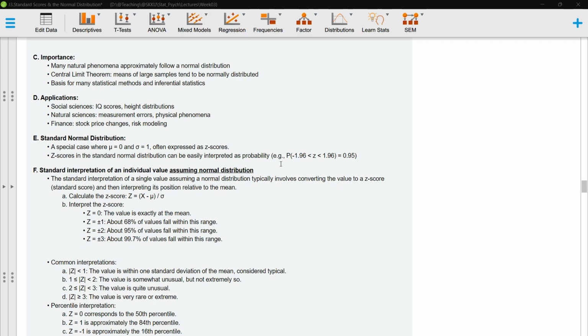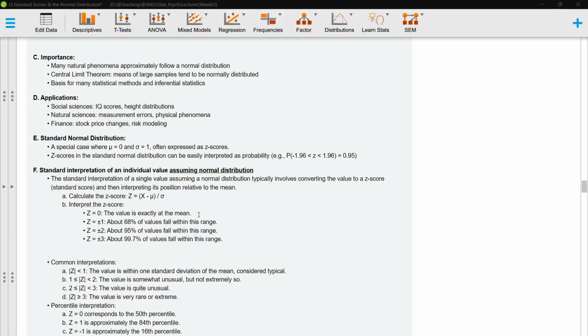So, for example, from minus 1.96 to positive 1.96 of the z-score, the probability of this interval is always 0.95. It is a fixed number. So we use this interval a lot for the 95% confidence or the 0.95 probability of the total area.